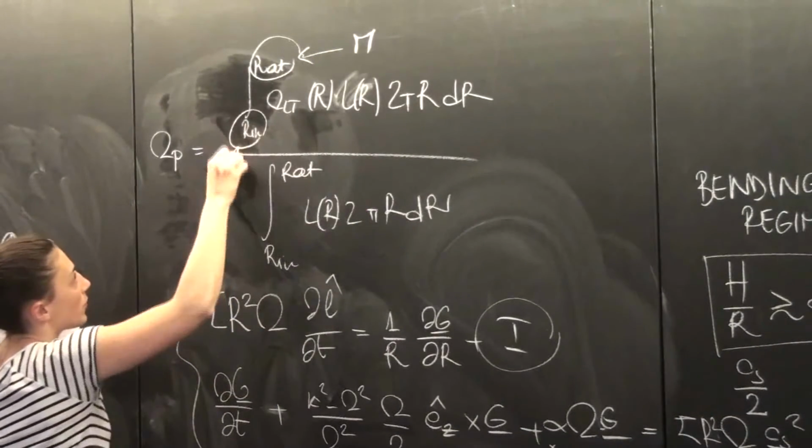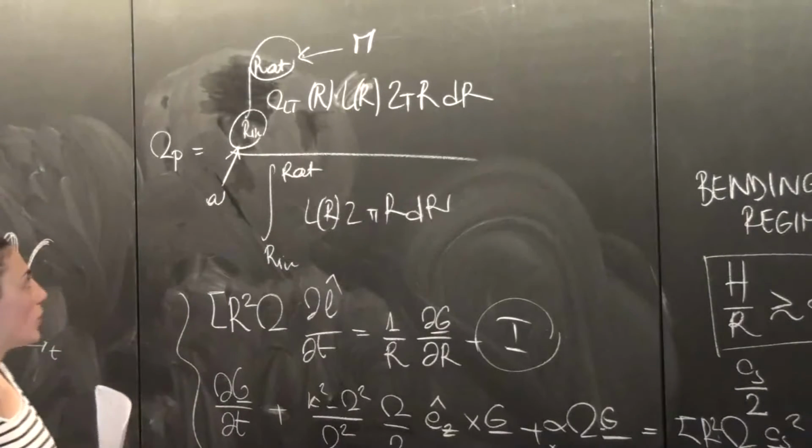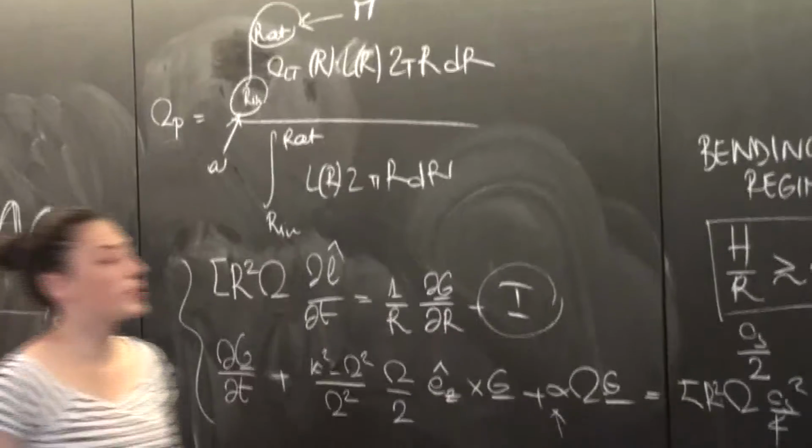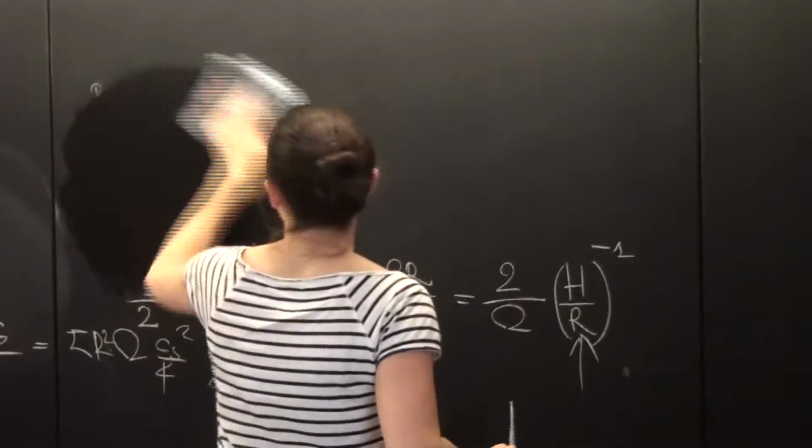This is a function of the spin only. So what we did is to compute the precession period as a function of the black hole parameters.